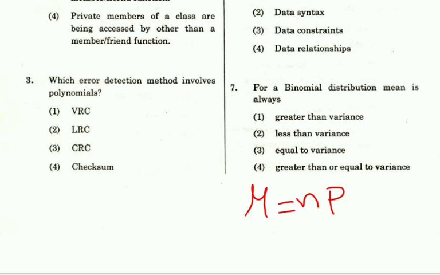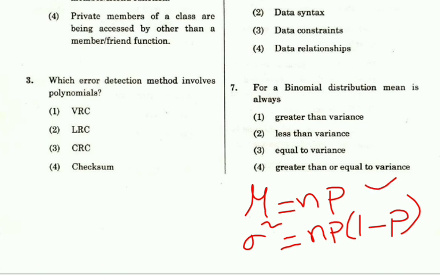So here mean equals to NP and variance, that is the sigma square, is equal to NP into 1 minus P. So this is the mean and the variance of the binomial distribution. So we have to compare the mean and variance here. So the mean NP is always greater than or equal to the variance NP into 1 minus P. So that's why option 4 is the correct answer.